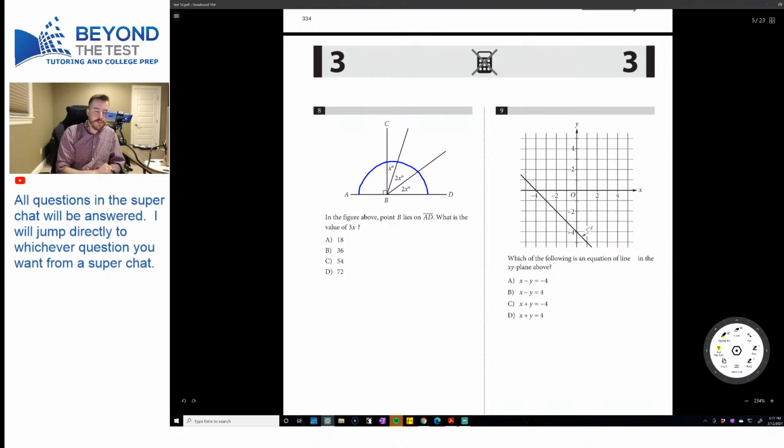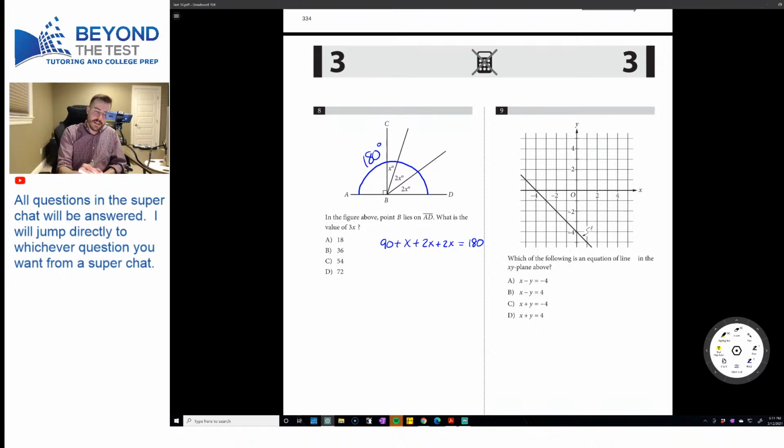So if I have half of a circle, I know that that's 180 degrees. So all these angles added up have to equal 180 degrees. So let's go ahead and do that. We have 90 degrees plus x plus 2x plus 2x. Those all have to give me 180 here.